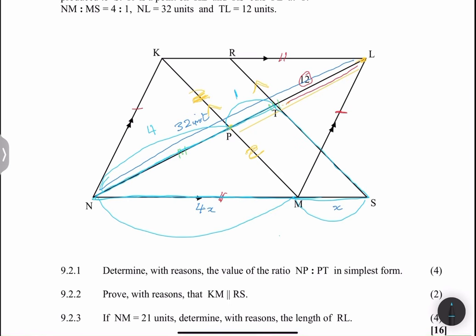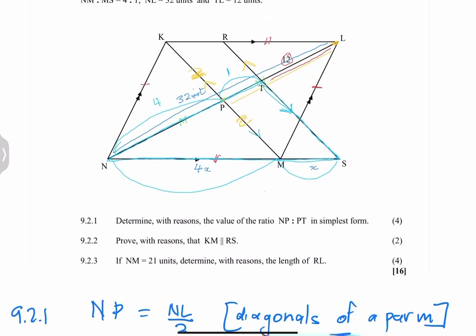So we can now use the proportionality theorem that if the sides are proportional, then the third side of this triangle would therefore be parallel. Remember that if a line is parallel to a third side of the triangle, then it divides the other side proportionally.